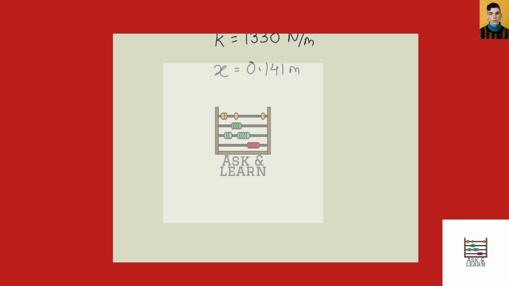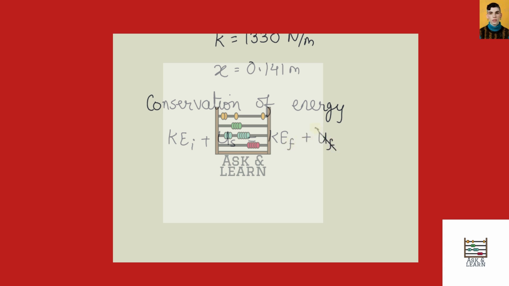In order to find that, let us first use the law of conservation of energy. According to the law of conservation of energy, initial kinetic energy plus the spring potential energy should be equal to the final kinetic energy plus final potential energy.